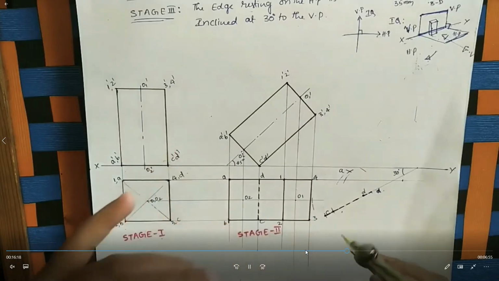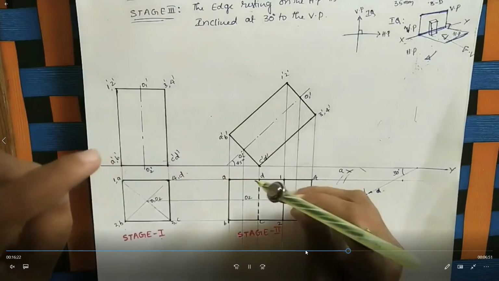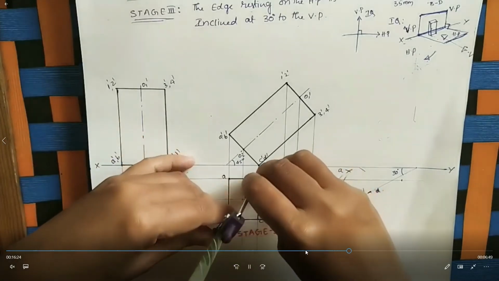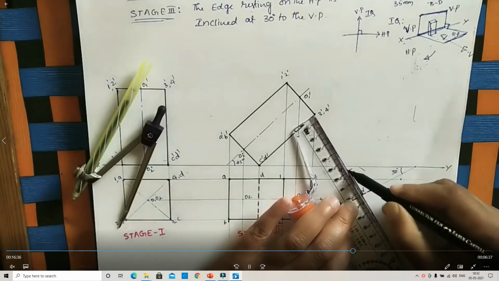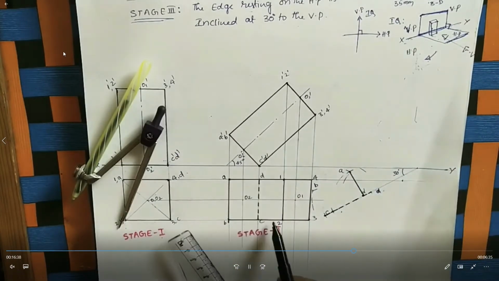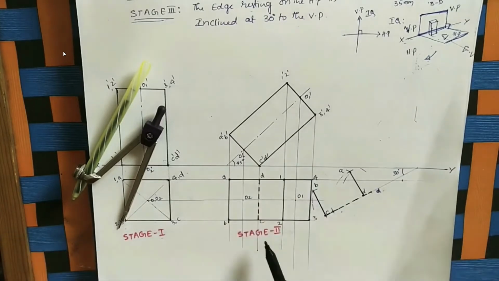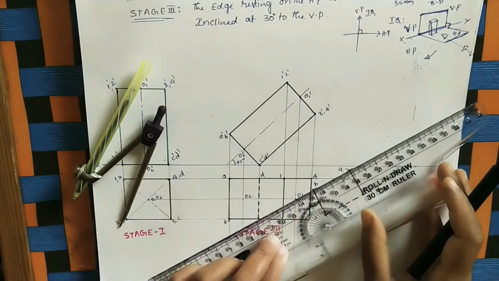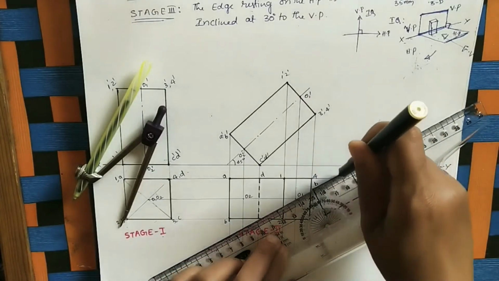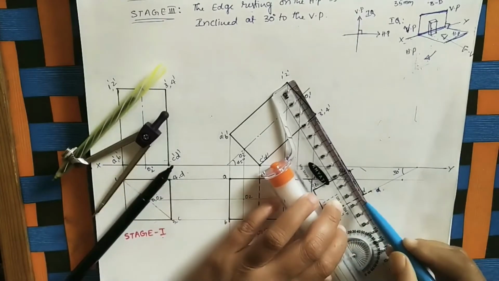Okay, in this way, B to C, B to C, and next. Okay, same, the distance is the same on both sides here. So one side is completed, and then you join the 2 points. Next, here also same.